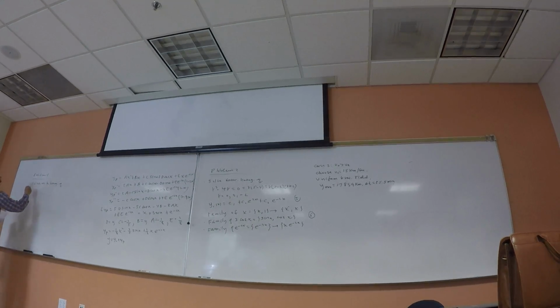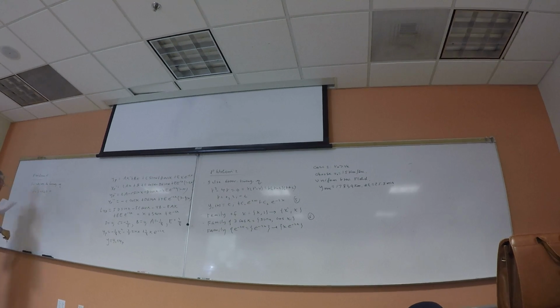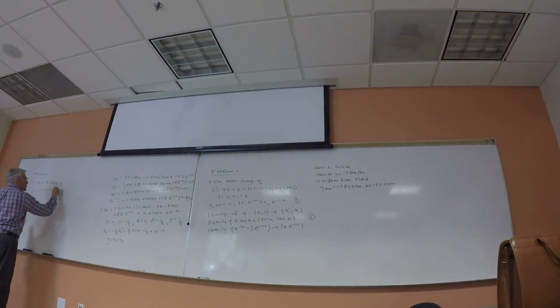I have r squared minus 2r plus 2 equals 0. You solve that by the quadratic formula, and you'll find that the roots are 1 plus or minus i.